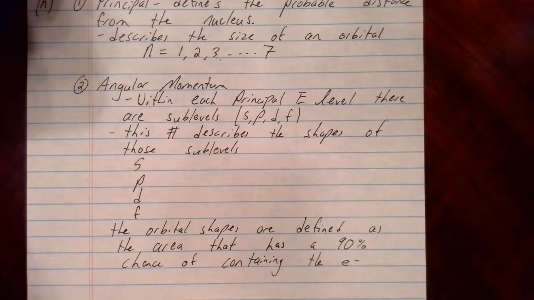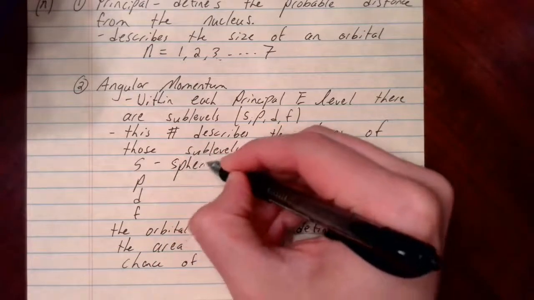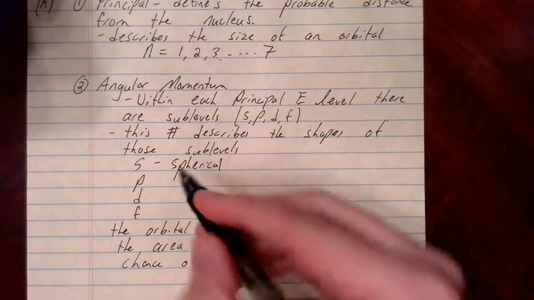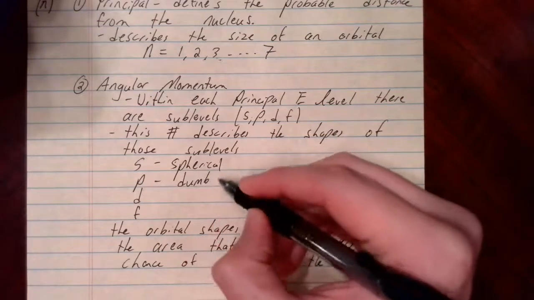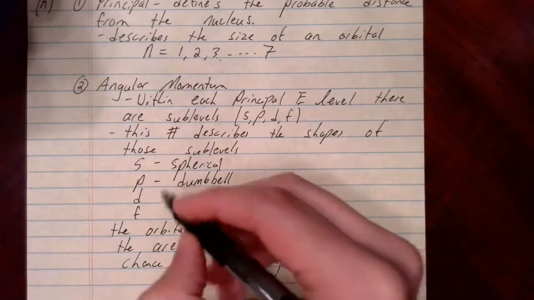If you think about the s sublevel, its shape is spherical, a nice little ball surrounding the nucleus. The p sublevel is dumbbell shaped. That's how you spell dumbbell, you can correct me if I'm wrong.